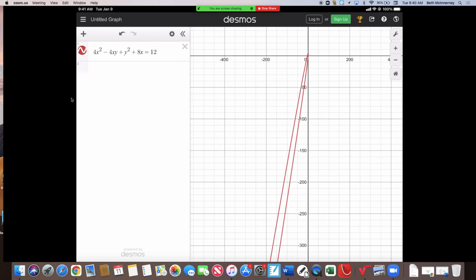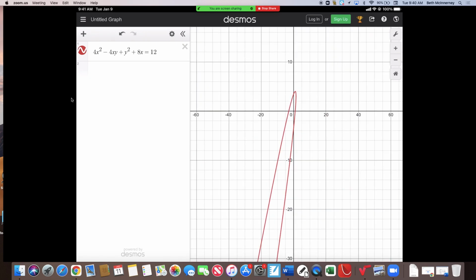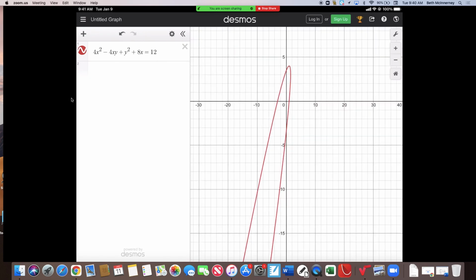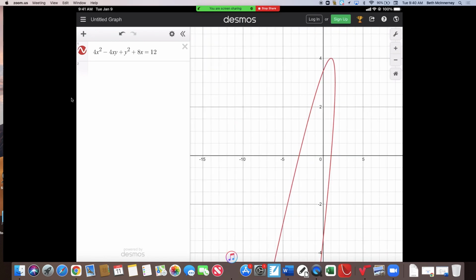So let's talk about this. At x equals 1.5, oh, that's kind of cool.